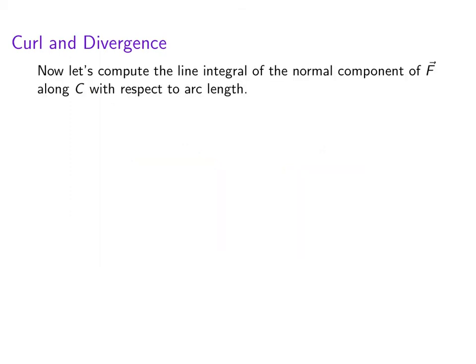So now, let's compute the line integral of the normal component of F along the curve C with respect to arc length. The way we write that is like this: line integral along C of F dot n ds. The way we compute that is the integral from a to b of F dot n times the length of r prime of t dt.